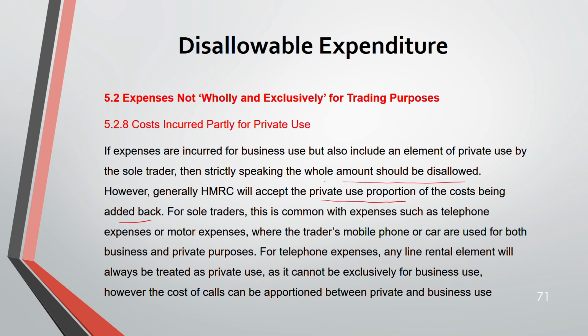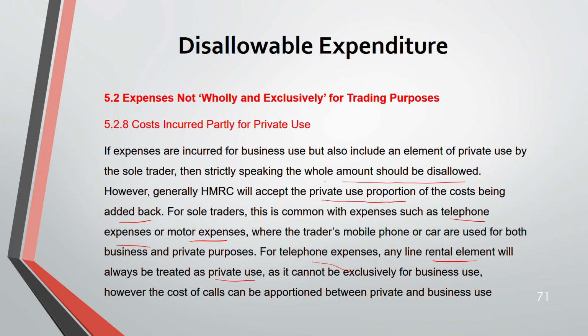For a sole trader, expenses like telephone expenses and motor expenses are very common. These can have both business use and private use. For telephone expenses, any line rental will always be treated as private use, because you cannot use it exclusively for business.